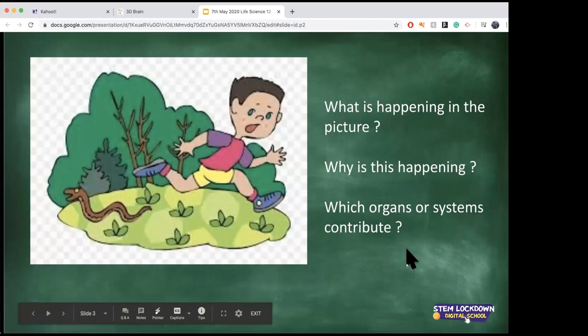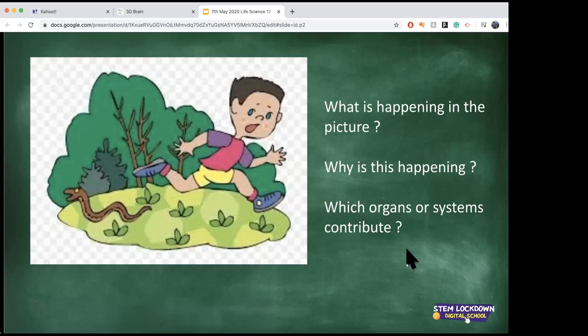So what is happening in this picture? Why is this happening? And which organs or systems contribute to whatever action is happening? Right, so a kid sees a snake, he's running away.